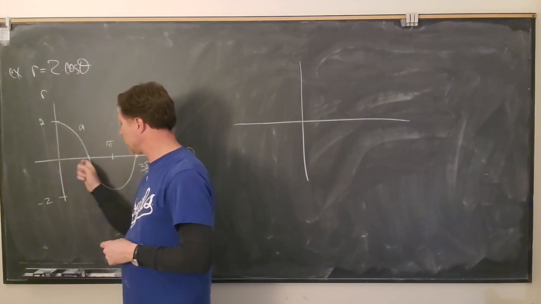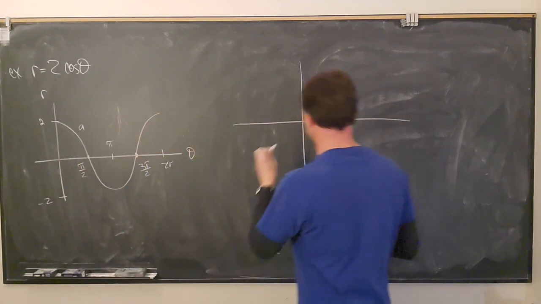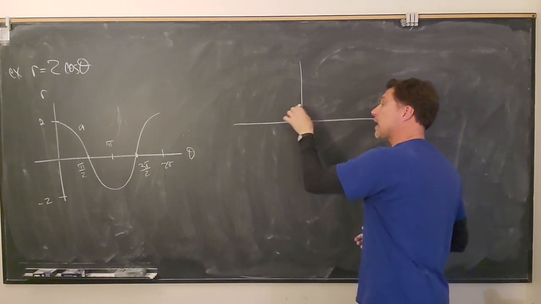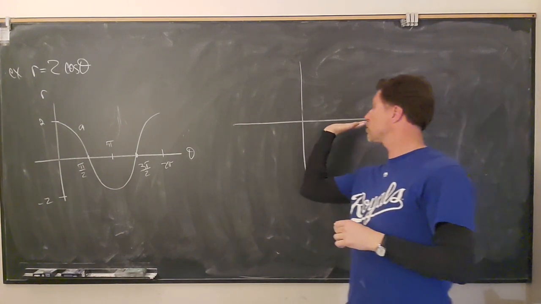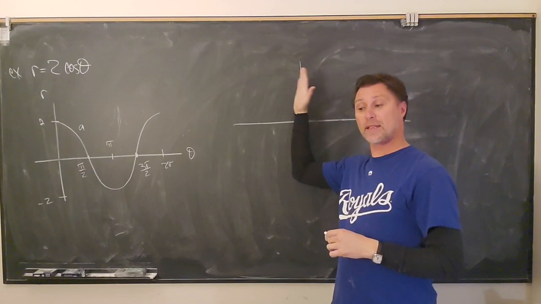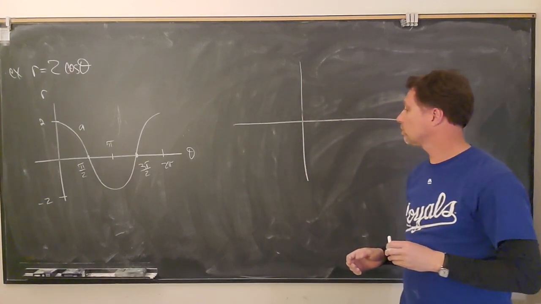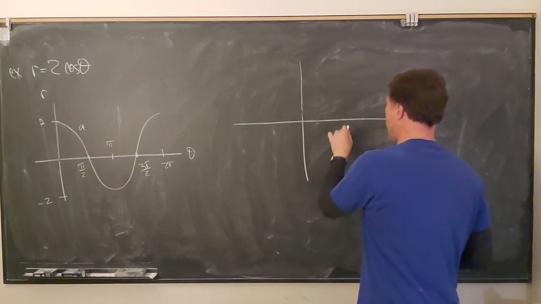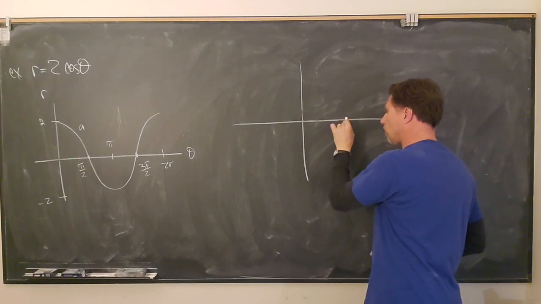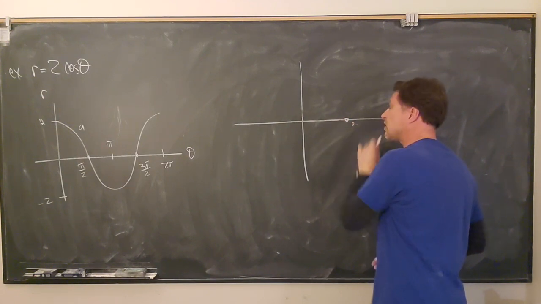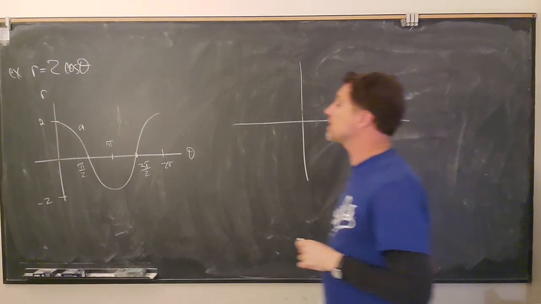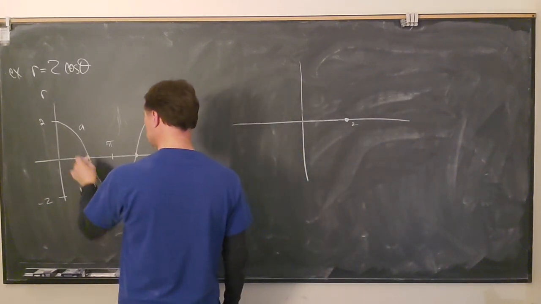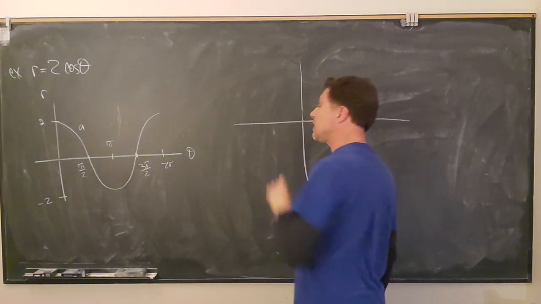What does that correspond to? It corresponds to sweeping out the first quadrant, right? Remember, we measure our angle from the positive x-axis. So when theta equals 0, we're on the positive x-axis and we're a distance 2 away. And by the time we get to pi over 2, our distance needs to be 0.